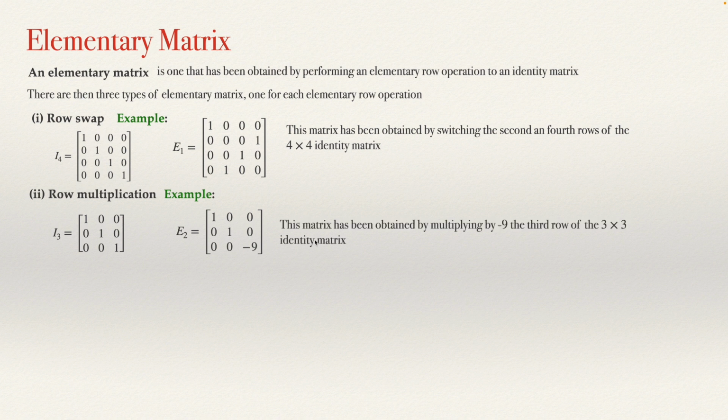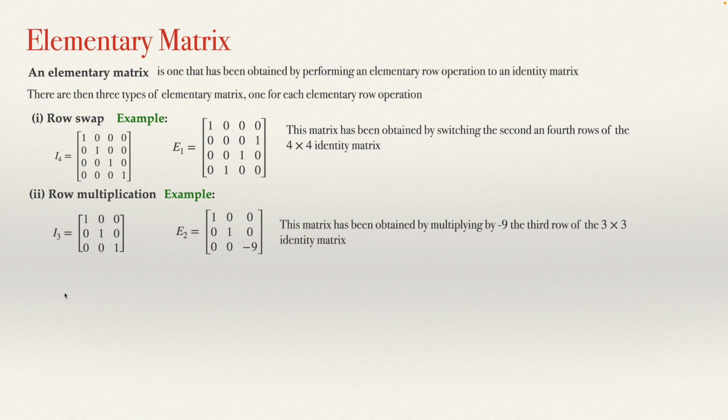Why? Because this is a matrix that has been obtained by multiplying row 3 of the 3 by 3 identity by negative 9. So this is an example of an elementary matrix. There will be an infinite number of examples that I can get from here. This is one of them.